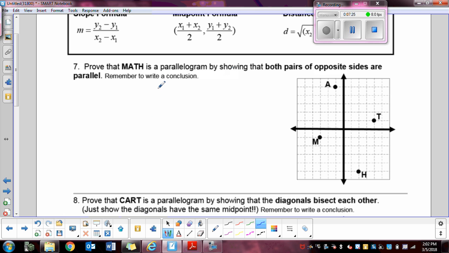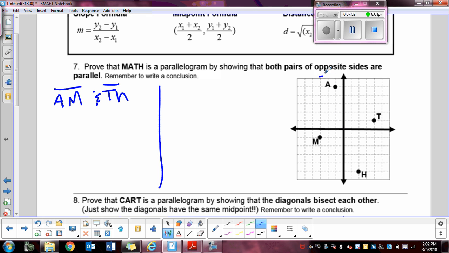Let's find the slope of our first two. Can be maybe AM and TH. You can actually count A to M, T to H, or we can use the slope formula since that's really what they want us to do. In order to plug them into the slope formula, we need to know the points. So A is at -1, 1, 2, 3, 4, 5.